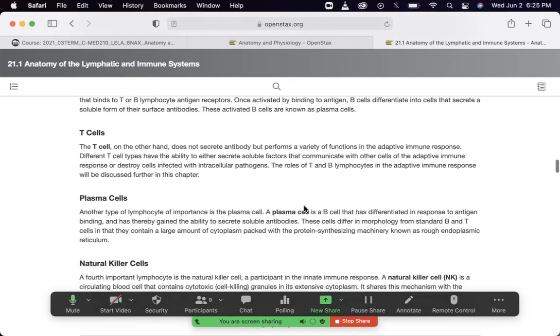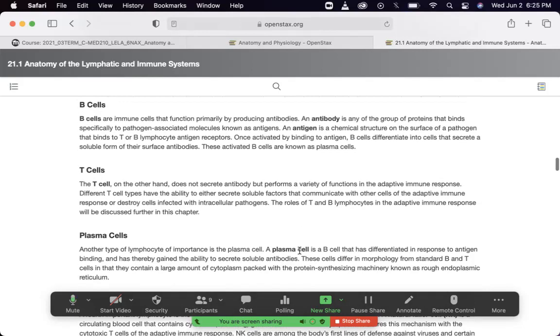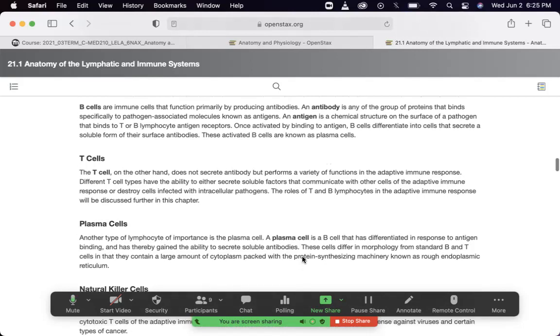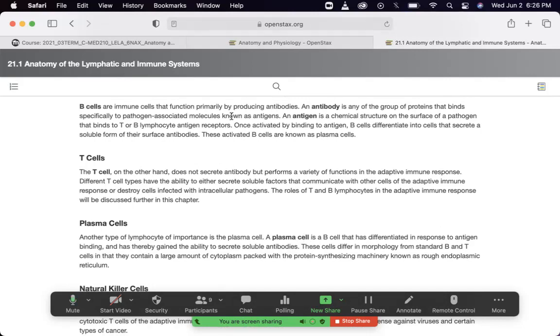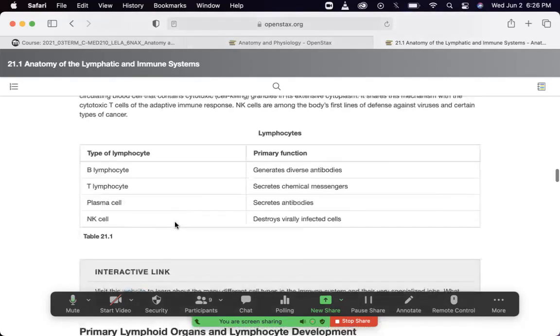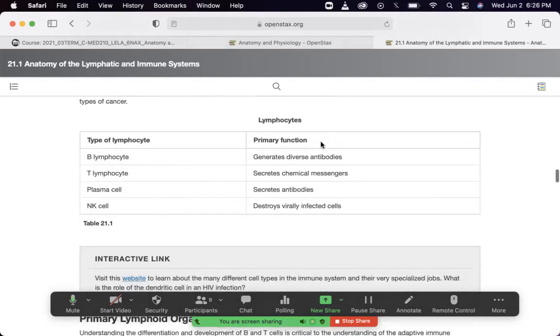damage. Now, I mentioned the plasma cells before. They're related to the B cells. They are B cells that are already transformed and that already have antibody. So the B cells are specific already, but the plasma cells are highly specific. And if you look here, what I was talking about, B cells make antibodies, T cells have those soluble chemical messengers.